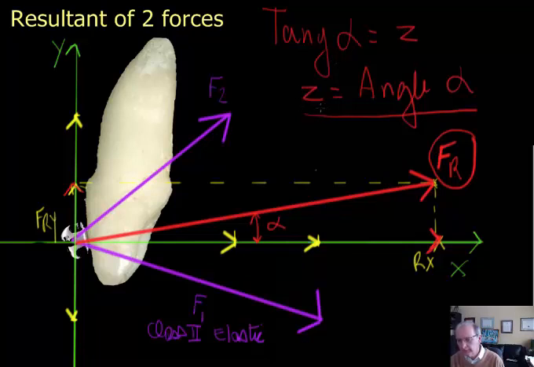Z in the table gives us the angle. You can also use reverse tangent, and it actually does both calculations at the same time. But for now, using tangent gives you a better idea. So just by looking at F1 and F2 and doing these calculations, you have the exact value for FR.